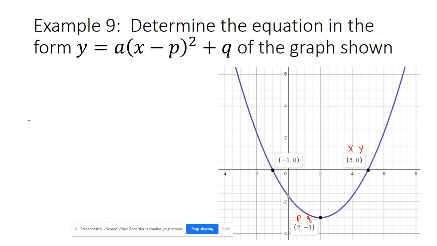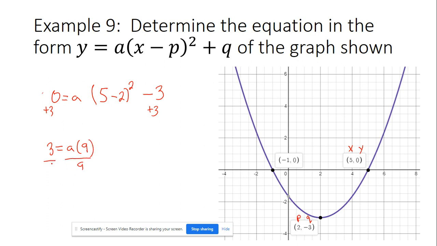Okay, so plugging this in, my y value is 0 because it's this one here. I do not know a. My x value is 5. My p value is 2. My q value is negative 3. Okay, so now I'm going to add a 3 to both sides. 3 equals a, 5 minus 2 is 3, squared is 9.